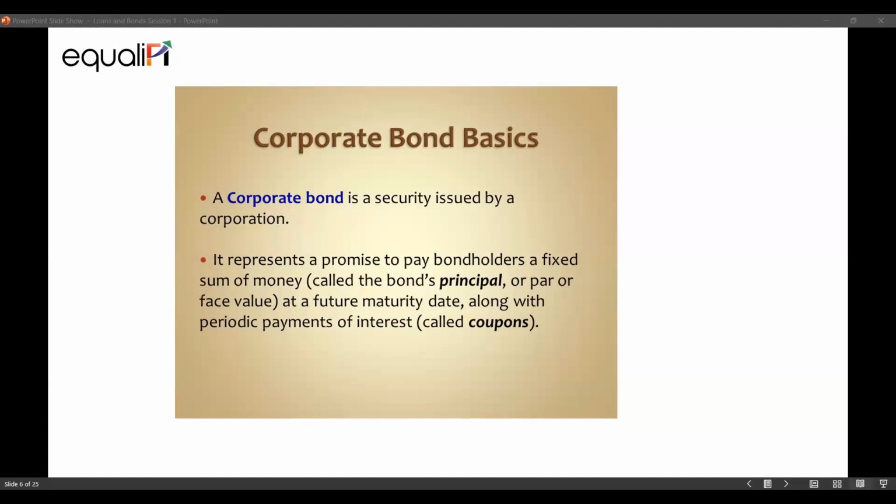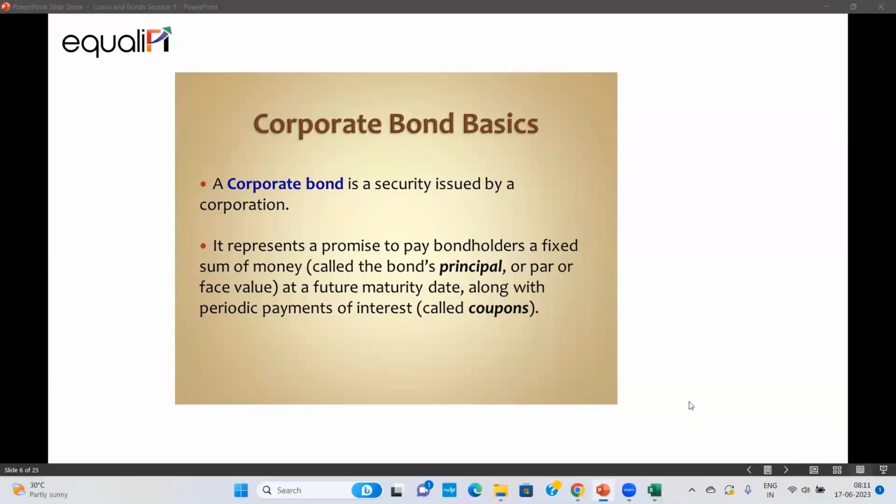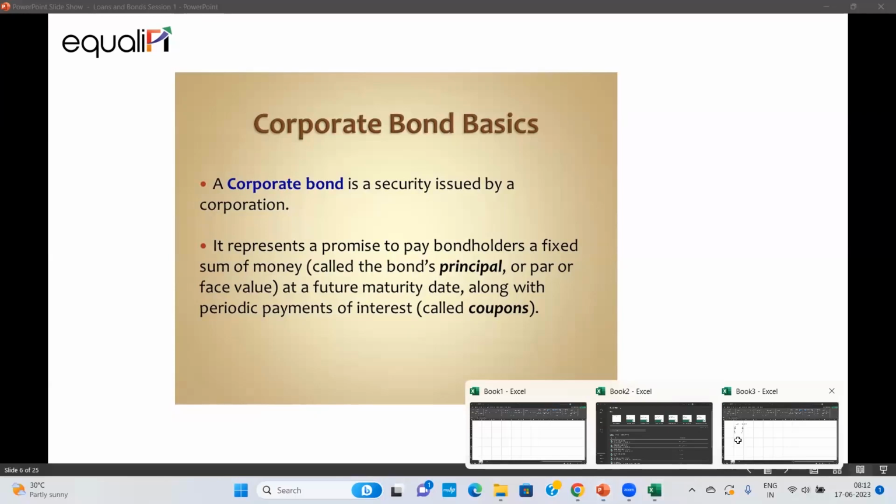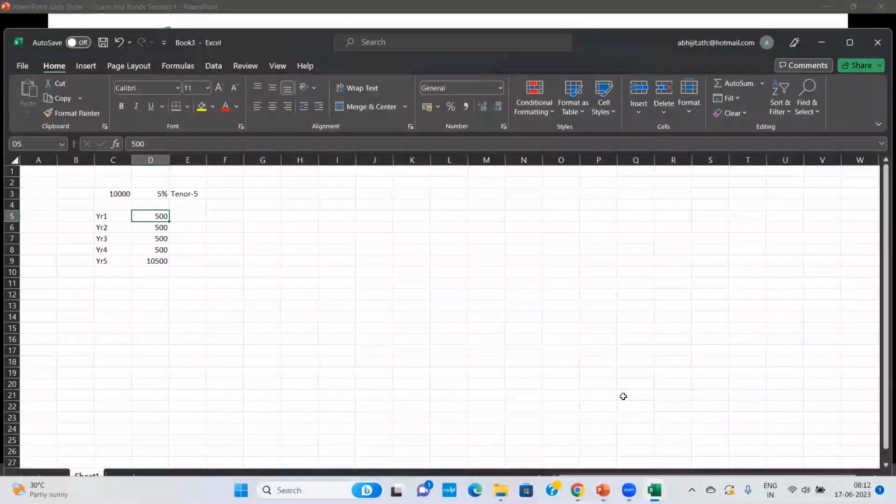Praveen is mentioning he can see it. Wait. Now can you see? Okay. No issues.